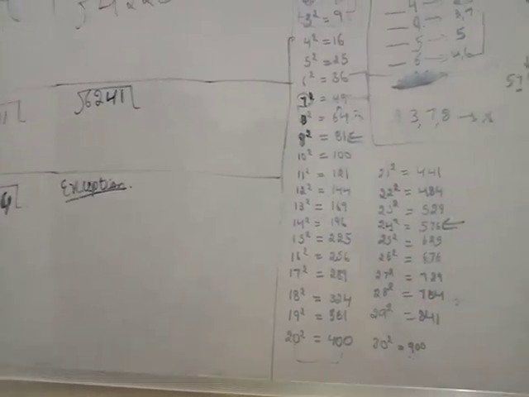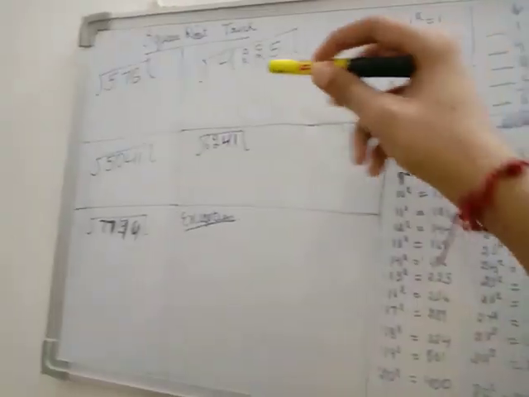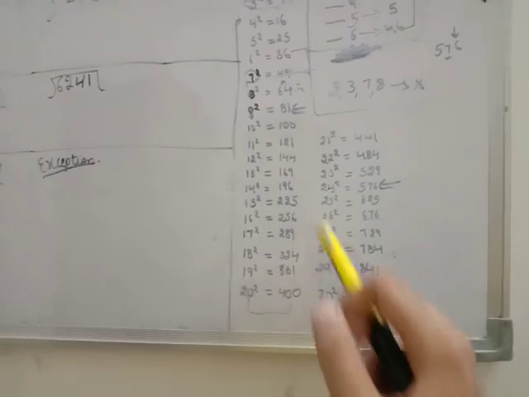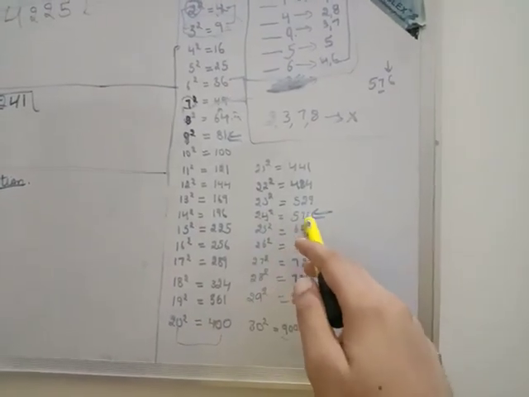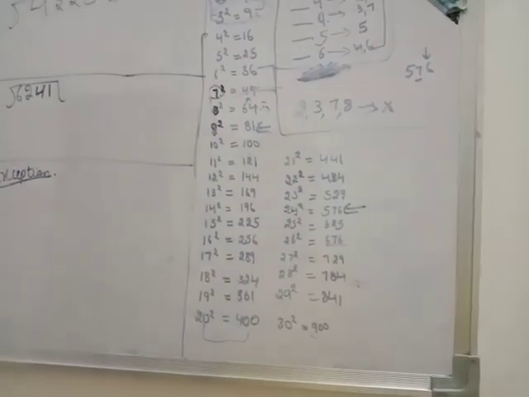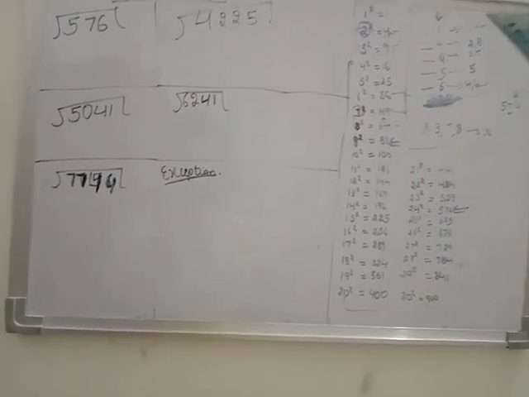That means the answer will not come in decimals; the answer will be a natural number. Like the square root of 576 is 24. You can check from here: 24 squared is 576. So the square root of 576 is 24. Got it? So this trick is for perfect squares, not for imperfect squares.